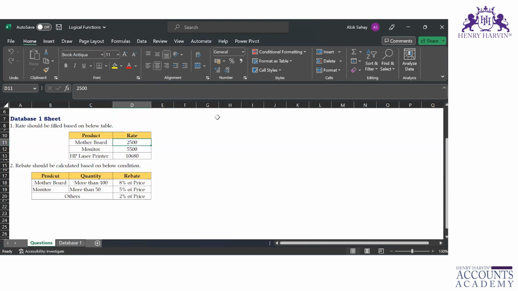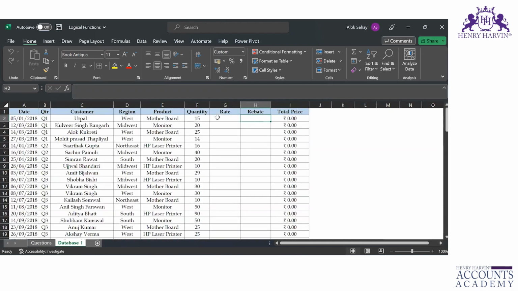Here we have the rate table, these are the products and these will be the rates, and this is the table on the basis of which we need to provide the rebate. So here we need to provide the formula. How are we going to get the rates and the rebate? First we'll be getting the rates.